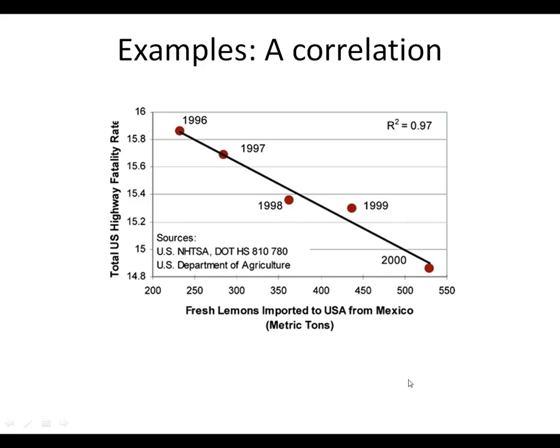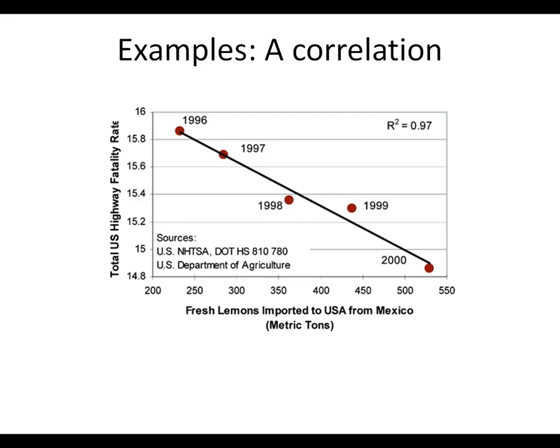Okay. So I want to show you some examples of what I mean about an individual having two things associated with it. Here's a graph, and what was graphed on the x-axis was the number of metric tons of lemons that came into the United States from Mexico in a given year. And on the y-axis was the total U.S. highway fatality rate for that year.